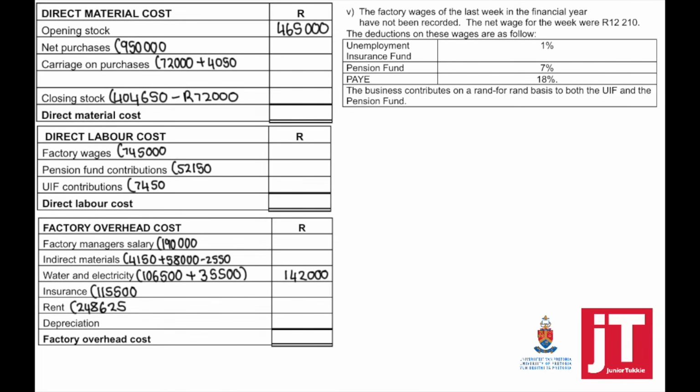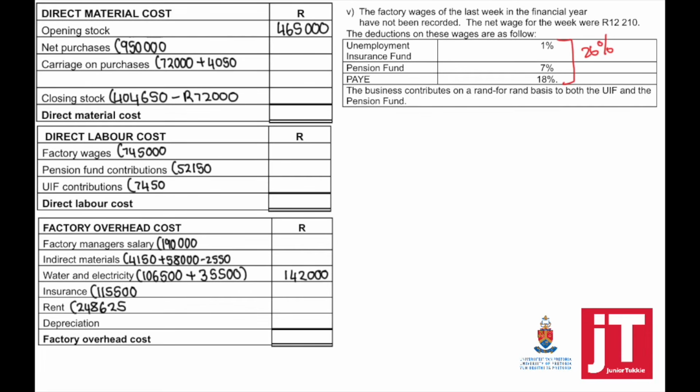Adjustment number 5. The factory wages of the last week in the financial year have not yet been recorded. This means we need to add it. The net wage for the week was 12,210. The deductions on these wages are as follows. So you need to be careful here. What must be added is the gross, which means we need to calculate it.